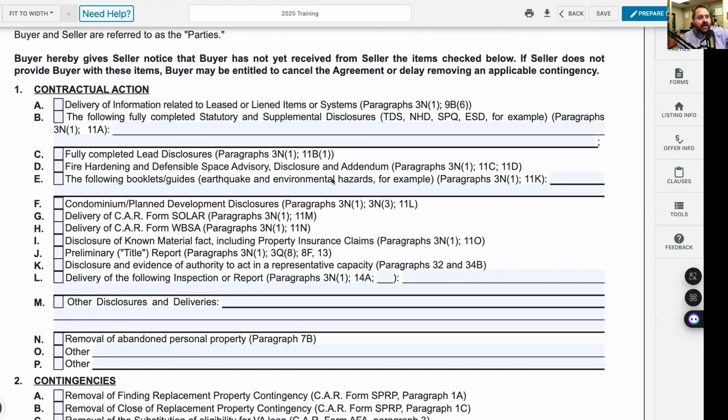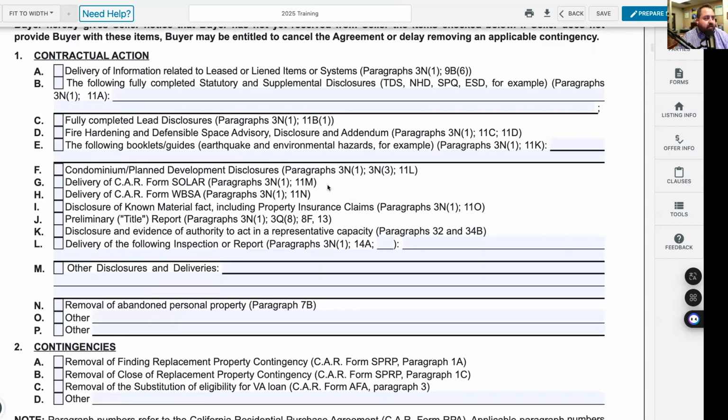So the contractual actions is delivery of the information related to leased or liened items or systems, the statutory disclosures, okay, the lead disclosure, the fire hardening, the booklets and guides, the earthquake and the natural hazard booklet, any of the HOA documents that are required, the solar, the water safety, the WBC, my mind just went blank what it is.